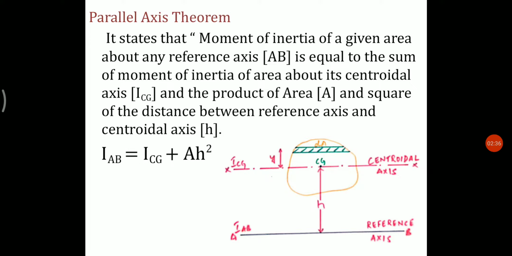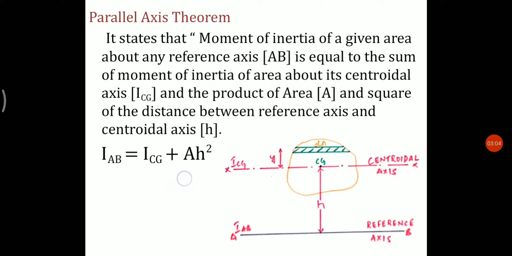It states that moment of inertia of a given area about any reference axis, say AB, is equal to the sum of moment of inertia of area about its centroidal axis ICG and the product of area and square of the distance between reference axis and centroidal axis, that is h. So it is understood better by this expression here.